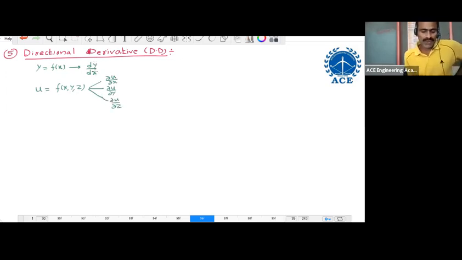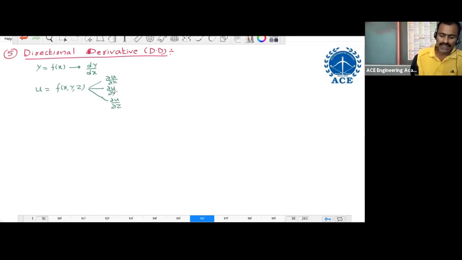So here dy by dx means it is a change in one quantity y corresponding to change in other quantity x only. Or geometrically it is the slope of the tangent to the curve only. Physically this gives a change in one quantity corresponding to change in other quantity only. Like that here, dou u by dou x is also change in u corresponding to change in x only.